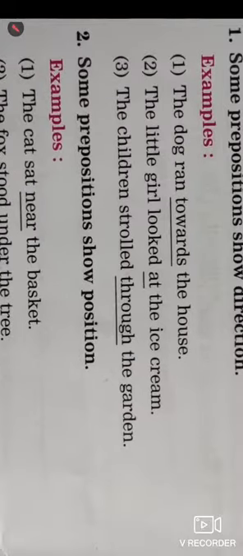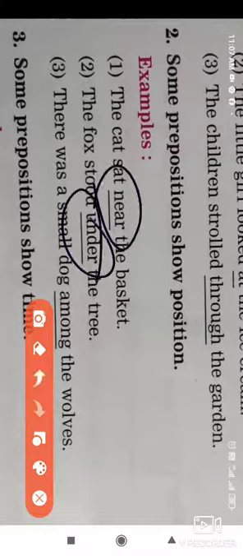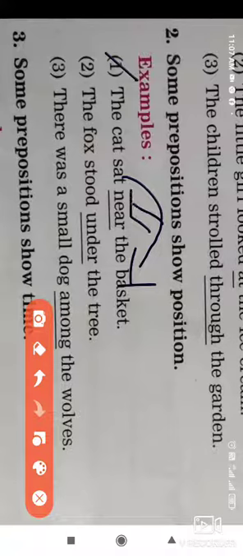The next use is that prepositions are also used to show position. Here are the examples. Near, under, among are some prepositions showing position. The first sentence: the cat sat near the basket. Sat is a verb and basket is a noun. It shows the relation with the help of the preposition near.